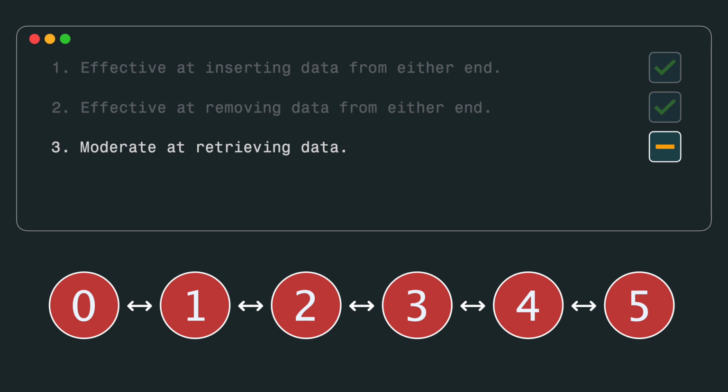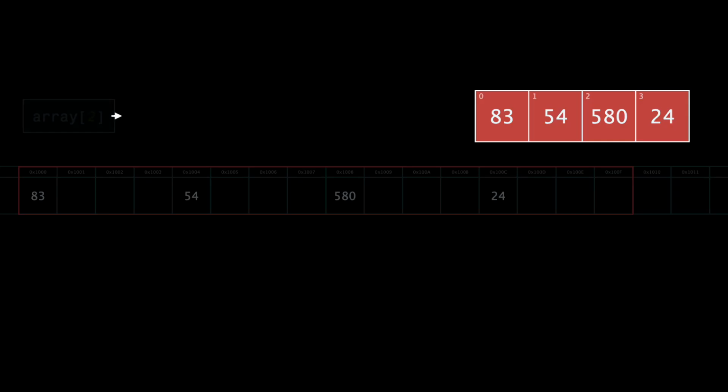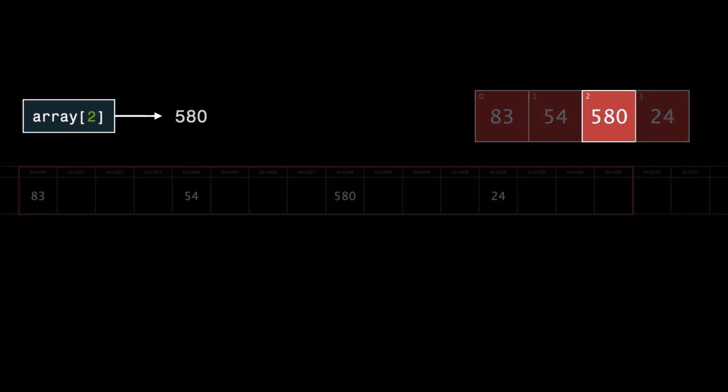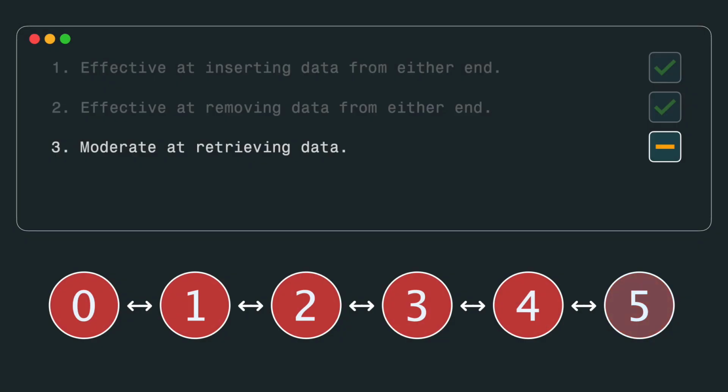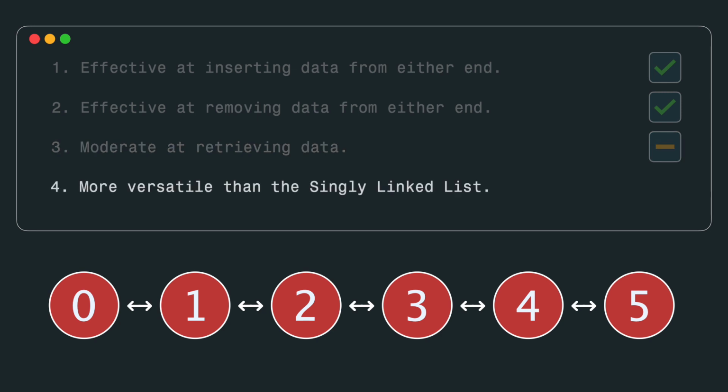The reason is that in the array data structure, no matter where the element is, you can quickly calculate the memory address, whereas with doubly linked lists, you still have to go through the process of going from one node to another. So in comparison to arrays, they are not fast, but they are still relatively better than the singly linked list. And when all is said and done, the doubly linked list is a much more versatile data structure than the singly linked list.